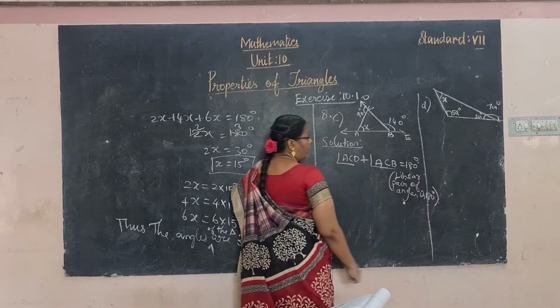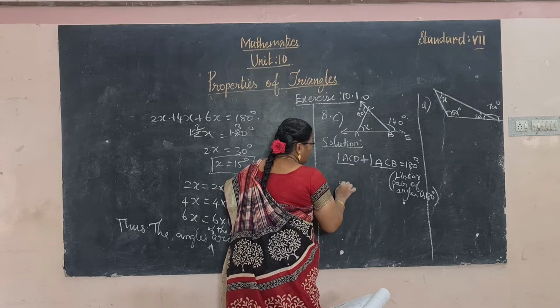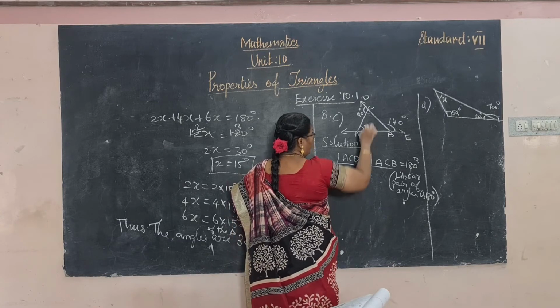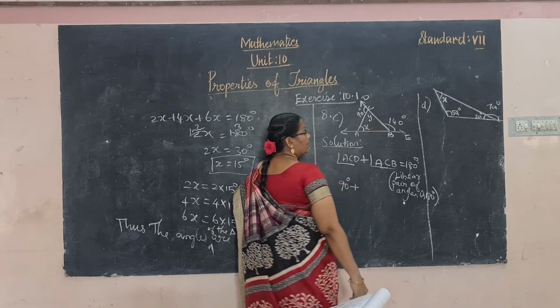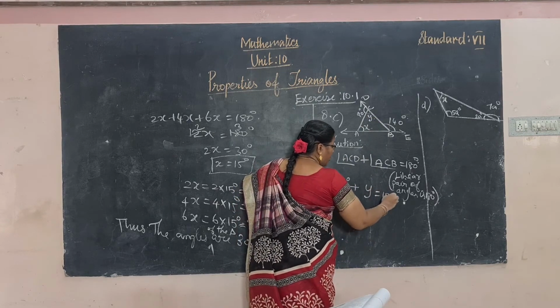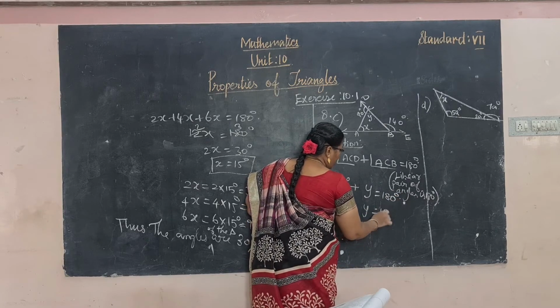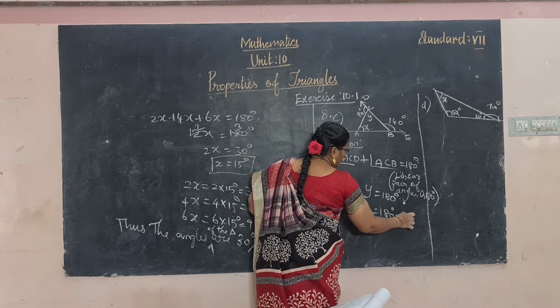So angle ACD is 90 degree. Here we have considered BX. We didn't know that, so we consider y. So y is equal to 180 minus 90 degree.